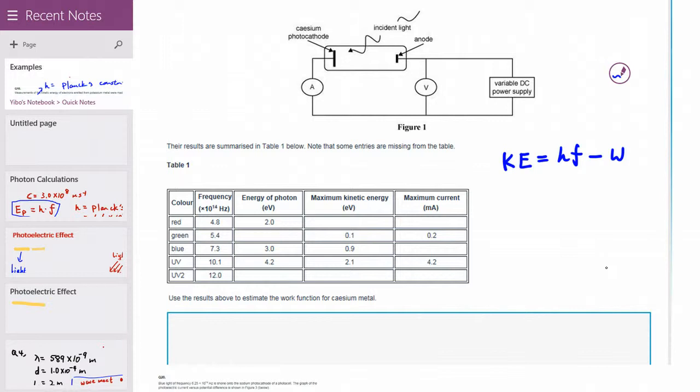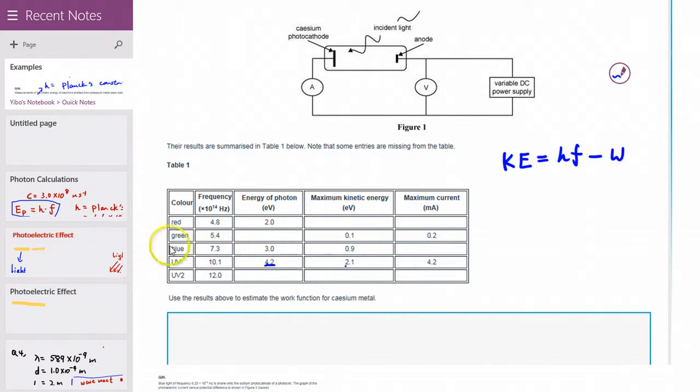So in order to find the work function, I need to know both the kinetic energy, basically the energy of the electron after escaping, and the energy that the photon delivers. Reading from the table, the blue light and the UV light, we have both. So from these two, we can find the work function.